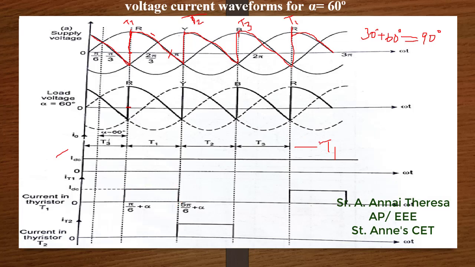Again here T1 is conducting, so you can draw the current through T1. Then for T2, this duration is the current through T2. Again for T3 you can draw, this one is for T3.